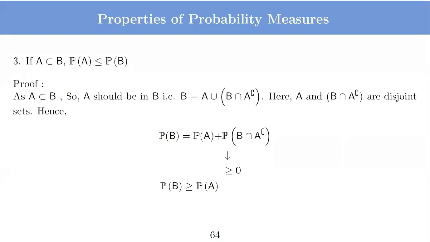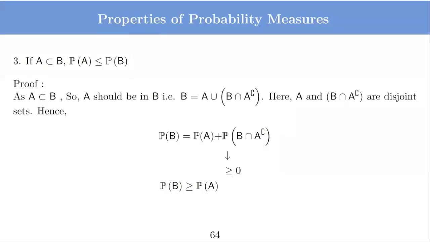So if A is a subset of B, it means A should be in B, and there may be some other elements in B which are not in A. But every element in A should be in B. That is the meaning of subset. So in this way, you can write B in two parts. B will be equal to A, and you have to add the rest of the elements which are not in A but in B. So what are those elements?